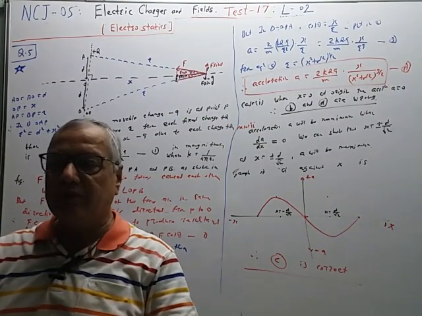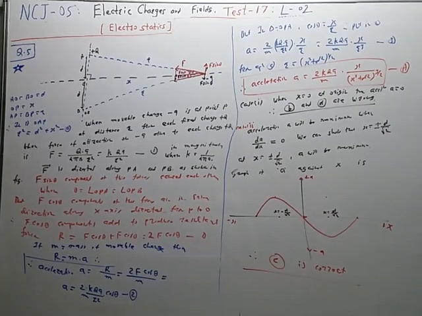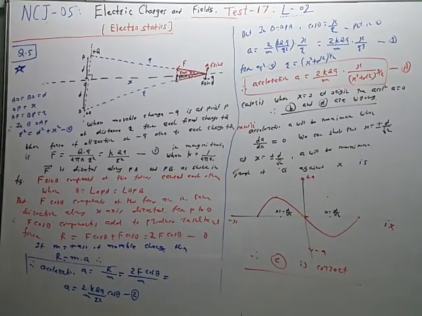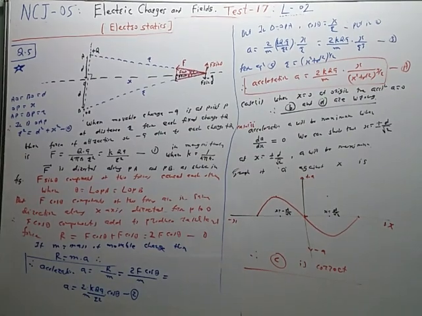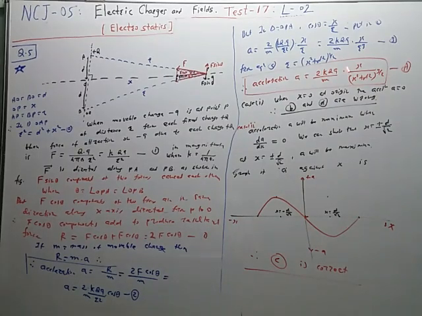So the two graphs will be like this, one below the x-axis, other above the x-axis. So without this equation, we cannot conclude about the graph. So we have to derive this equation. But once we know, then we can get this idea.